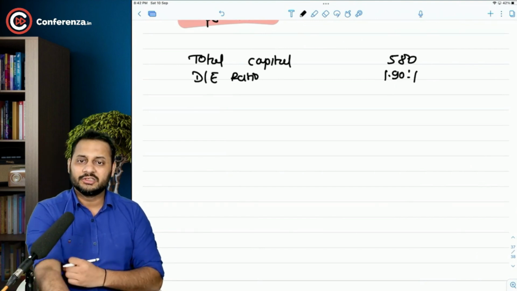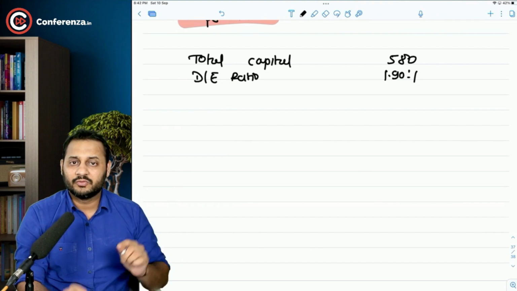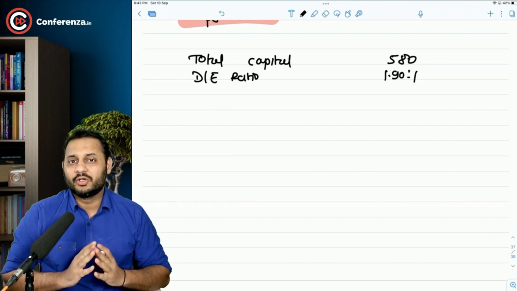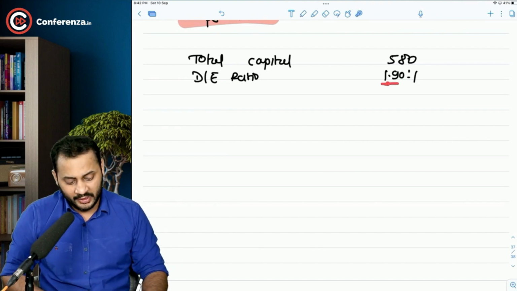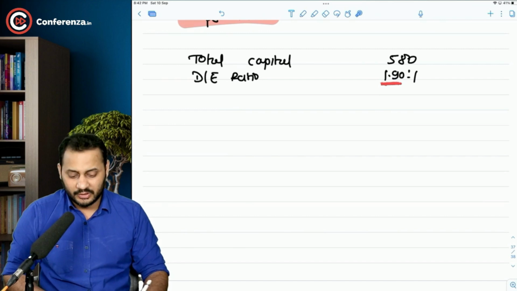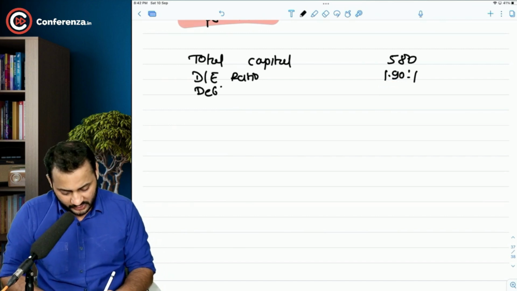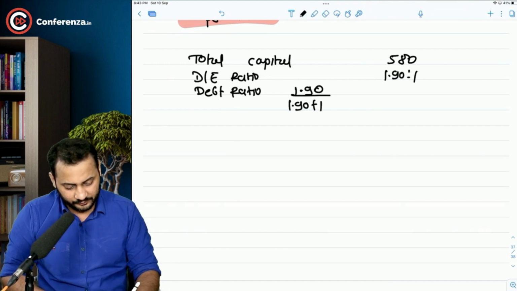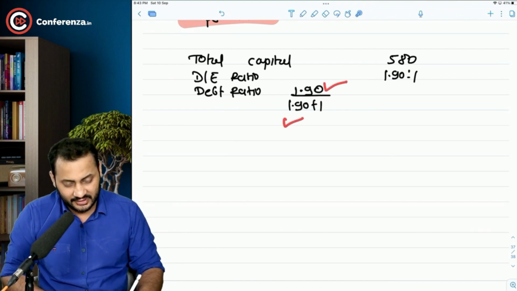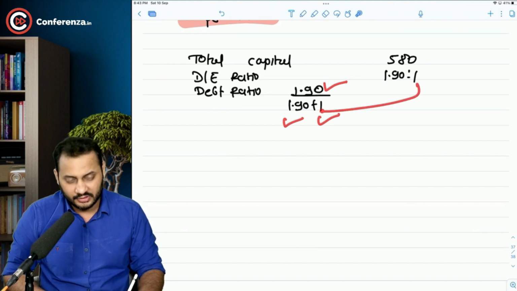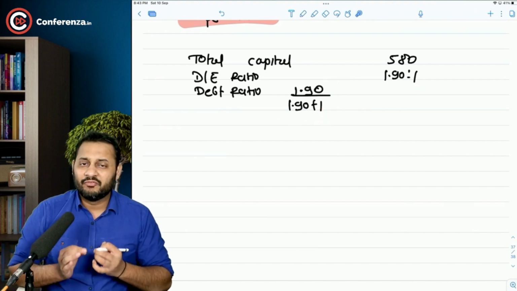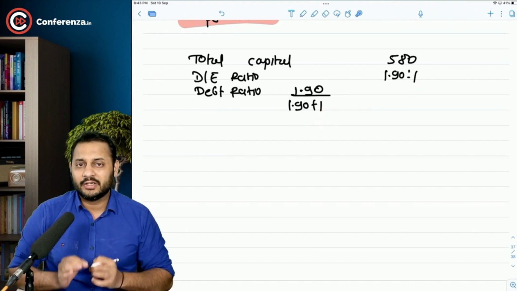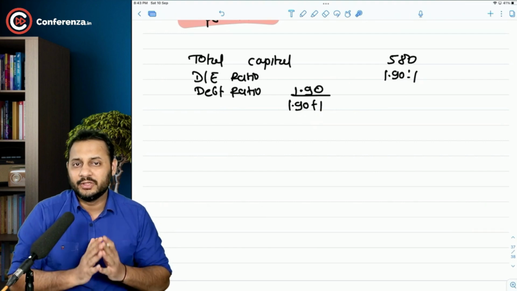How much is the total then? 1.9 plus 1, 2.9 rupees is the total capital, and out of 2.9, the debt ratio will be 1.9 by 2.9. Debt ratio will be 1.9 divided by 1.9 plus 1. This is debt, this is equity. So out of every 2.90 of the capital, 1.90 should be the debt.